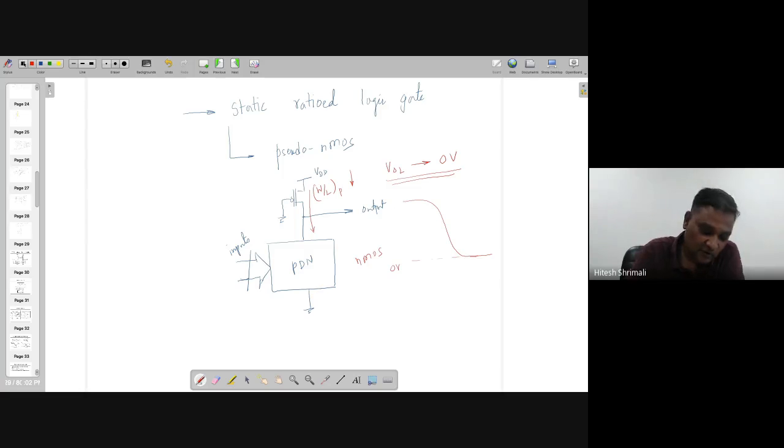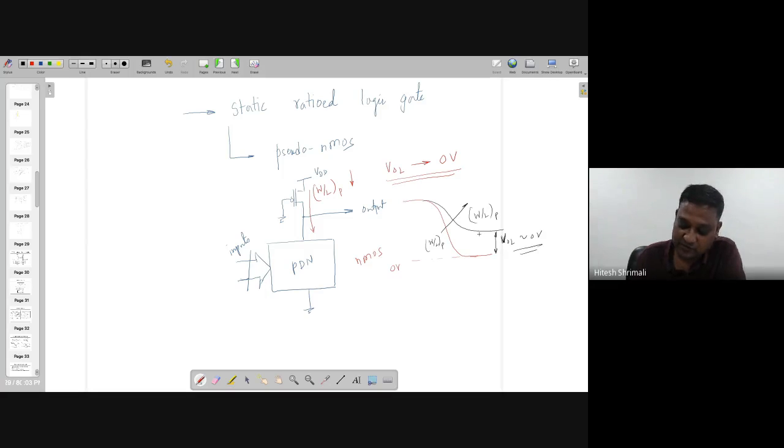But as W by L is increasing from here to here, this characteristic gets distorted, with the fact that VOL is not equal to 0, but approximately equal to 0, not 0 volt.